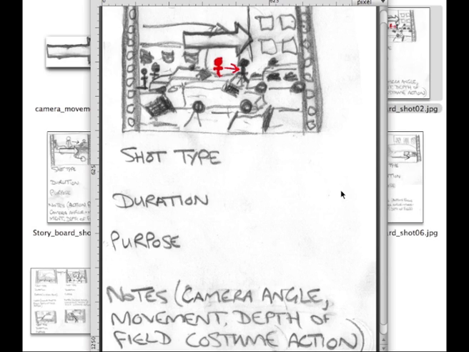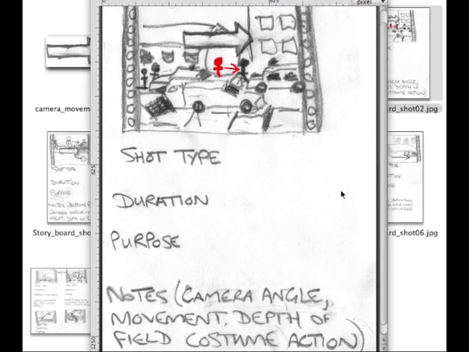Now again we look to shot type, and this would be a long shot. Its duration, well, the duration would be long enough for the character to walk along the row of cars, and that also indicates the action. The purpose of this shot is to focus on our character, though not so specifically that the audience would lose their curiosity, but also to specify the setting.